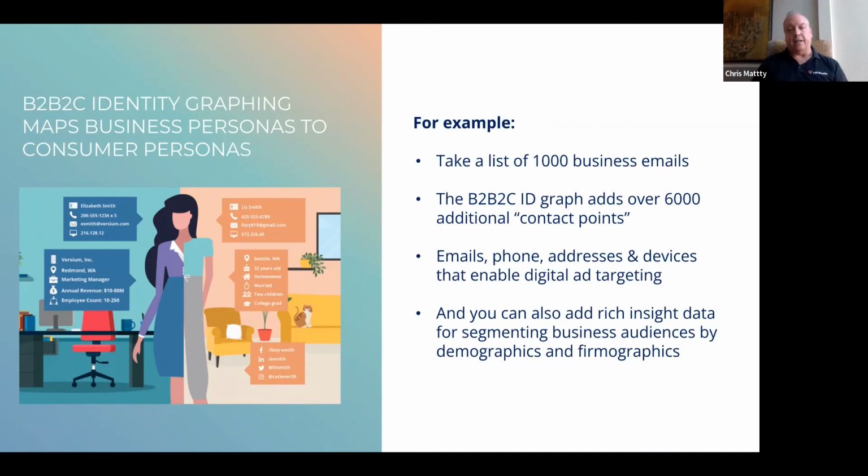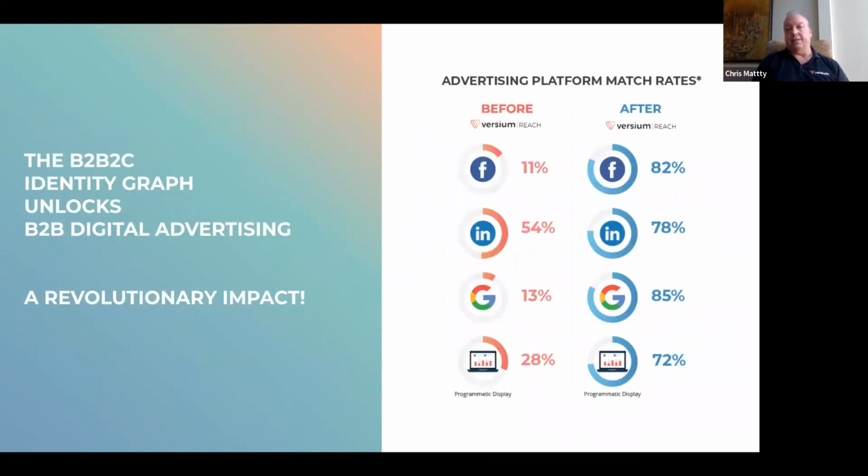We encrypt all that, so we're fully privacy compliant. And now all of these platforms will take that data as a target list to put digital ads in front of. And now you reach a much higher rate. And before we do that, we also can do some insights so that you can segment the rest. The end result, it's a game changer. And it's not incremental change, it is revolutionary change.